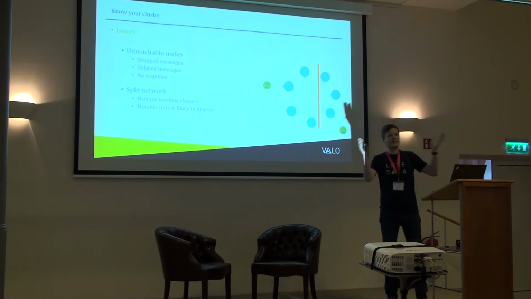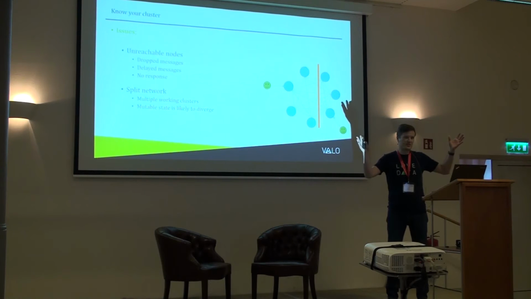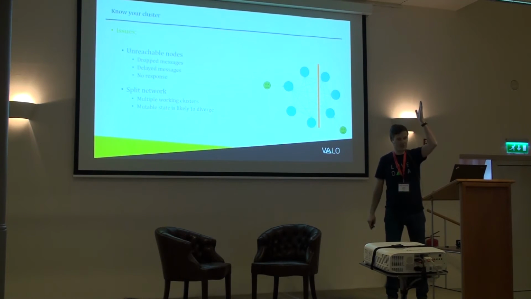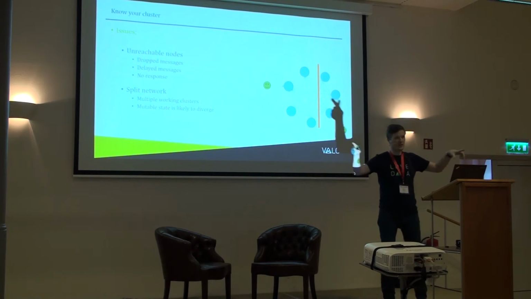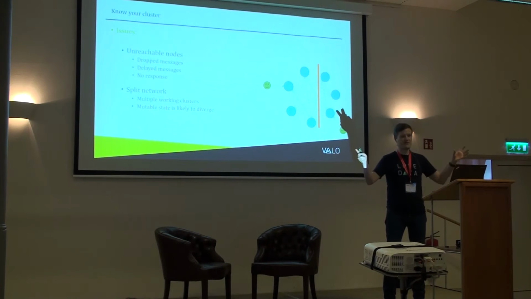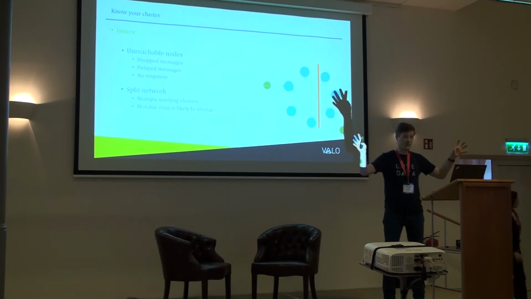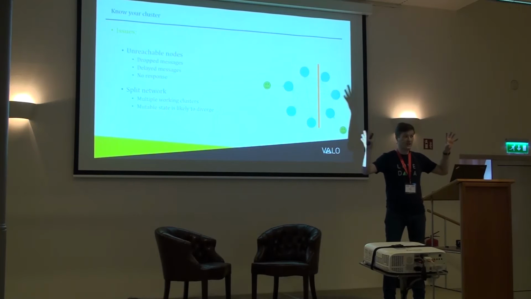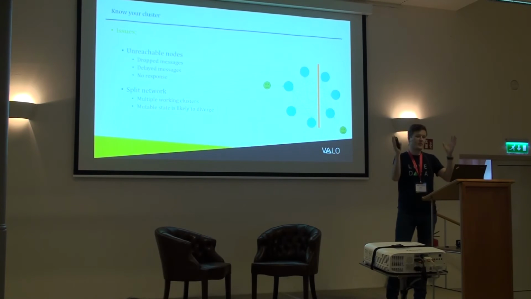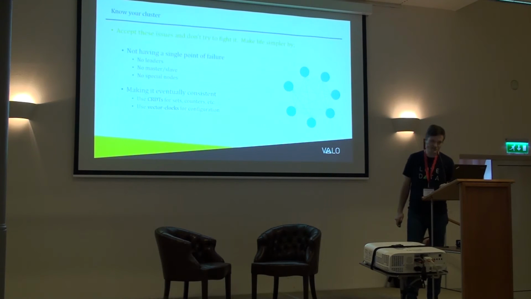You can also have split networks. So if you have a big cluster, hundreds of nodes, and your network basically splits in half, you end up with two working clusters. And then you have issues with mutable state in there. You have multiple users using each part of the cluster. And when the cluster heals, you end up with issues with the state.